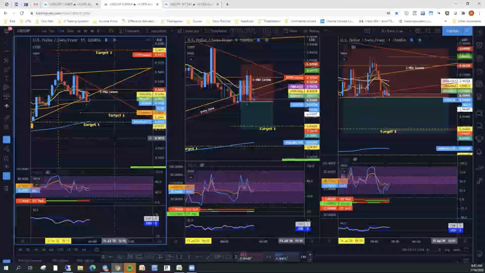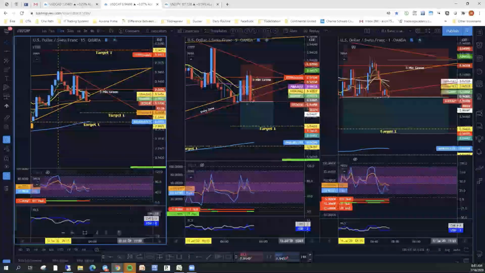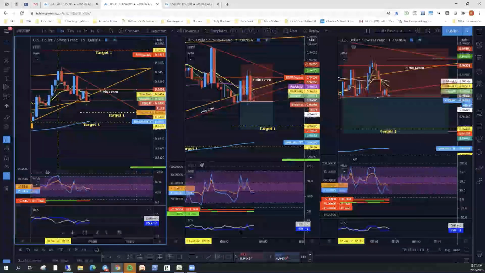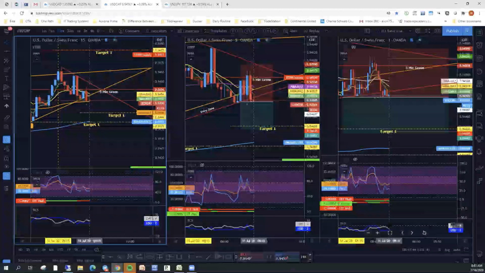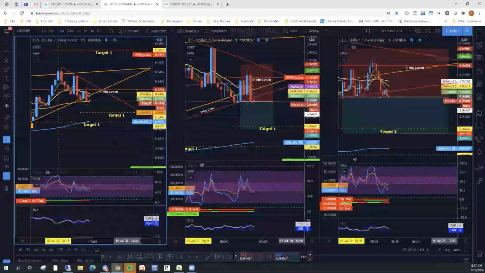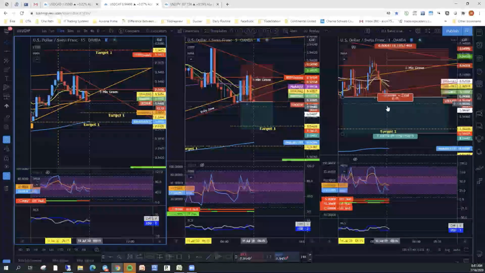All right, let's get back to the charts here a little bit. What we're looking at is, you can see here on the 15-minute, we've got our 3-point spread on our Swiss to US, which means the Swiss is starting to get stronger and the US is starting to get a little bit weaker. We've got the strength on the Swiss side on all 3 charts, and it's still trying to break through the bottom.